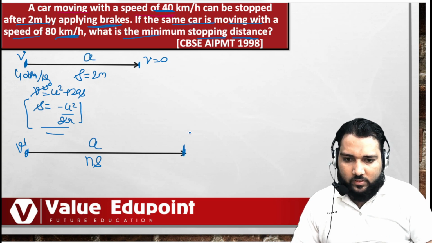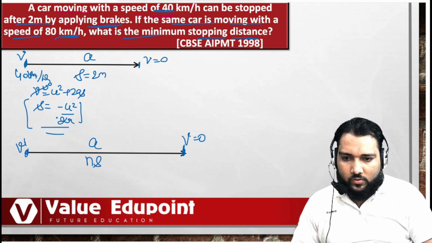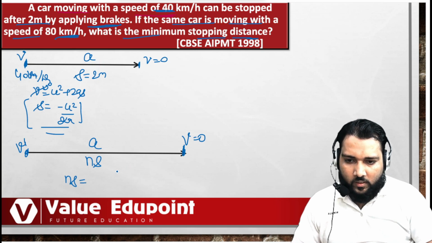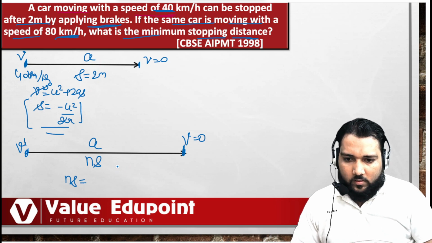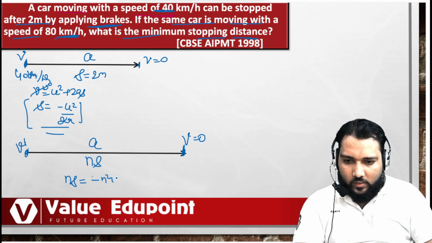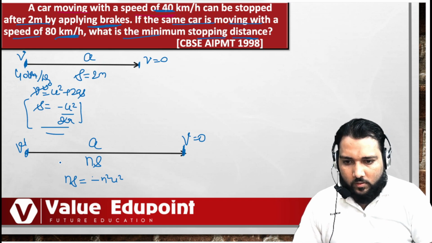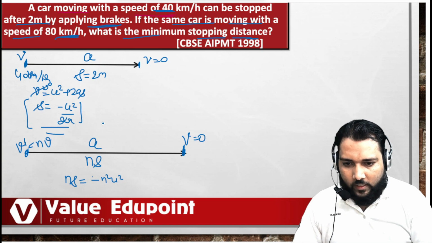and the final velocity will be 0. So again, when you use this formula, this ns will come out to be, okay, guys, this ns will come out to be minus n square u square. So now, guys, I am taking v dash equal to n times v.